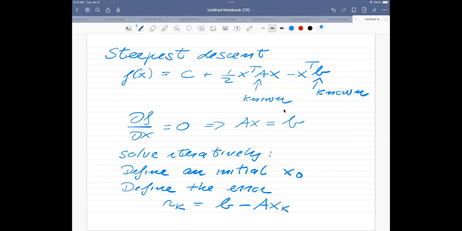So that means that every time we update x, we can calculate the difference between the approximation x of k and the values which we want to have, where what we want is that this quantity should be equal to 0, right? But since we are solving this iteratively, we may not have 0. So that defines an error or remainder in every iterative step, okay?